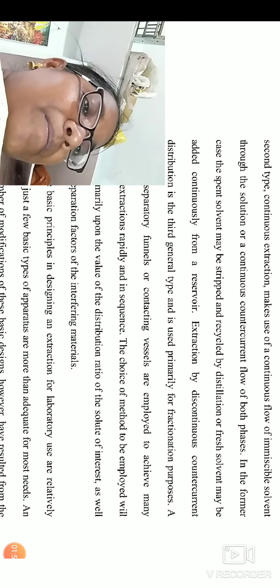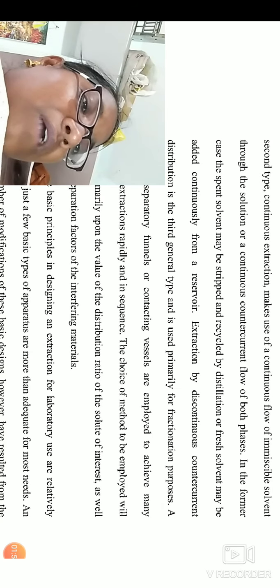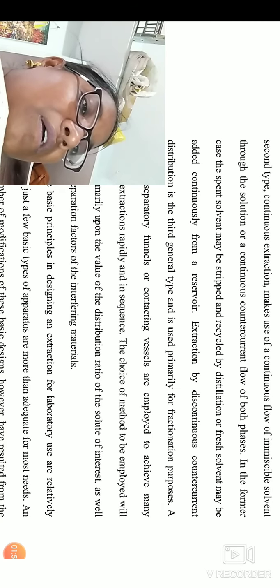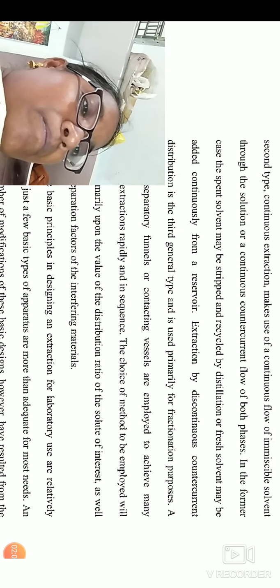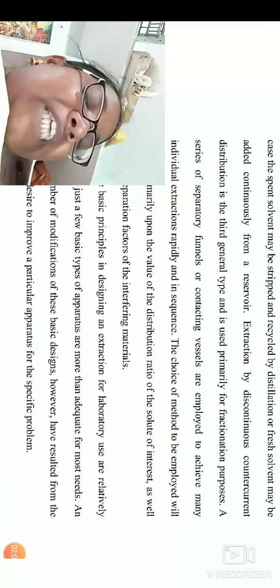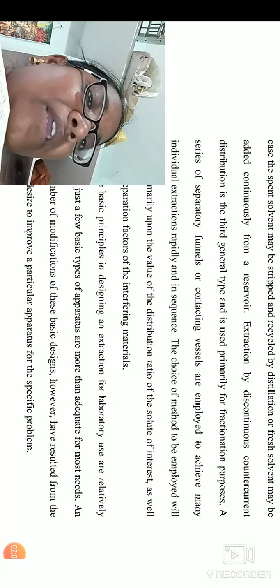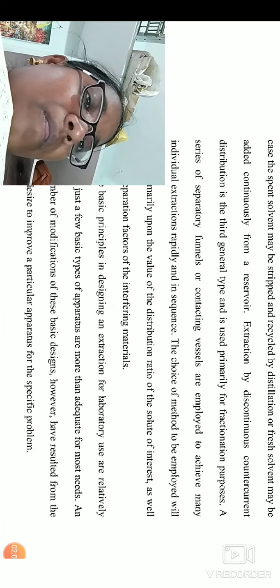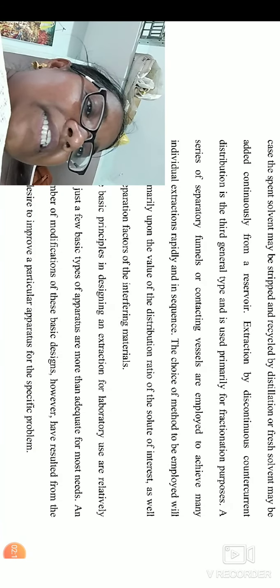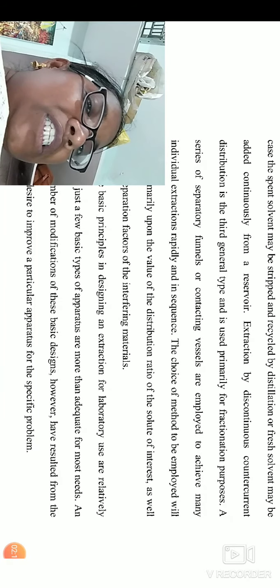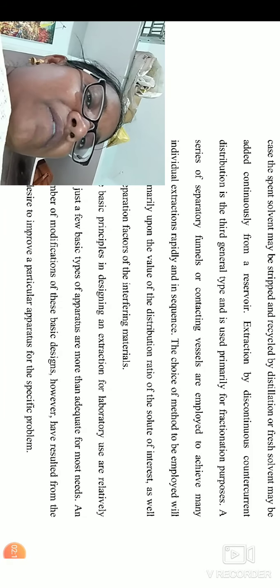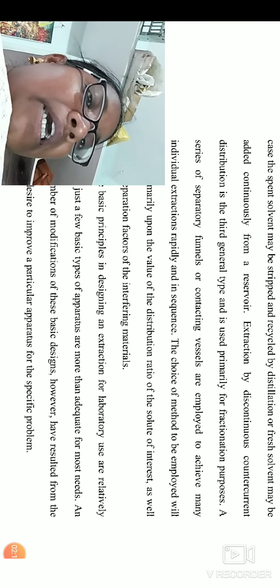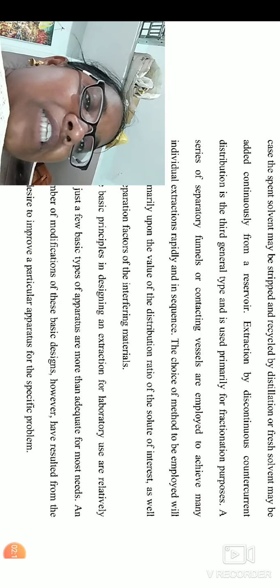for preliminary fractionation purposes. A series of separatory funnels or contacting vessels are employed to achieve many individual extractions rapidly and in sequence.